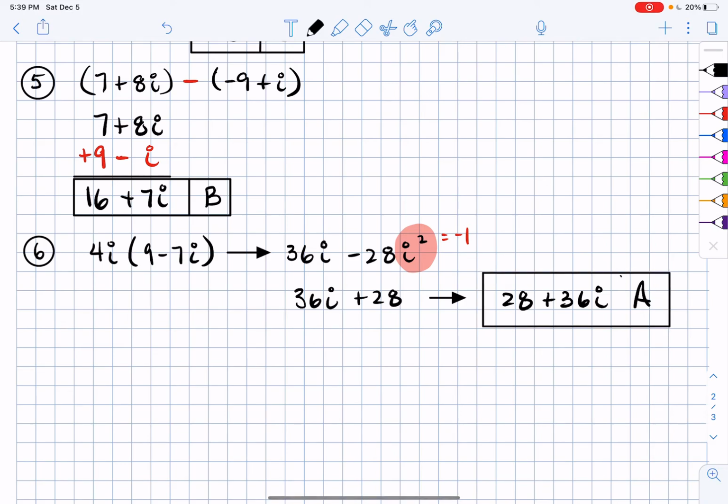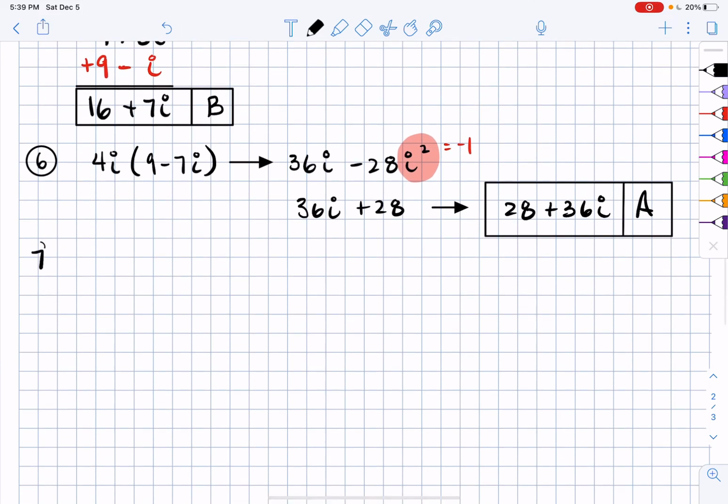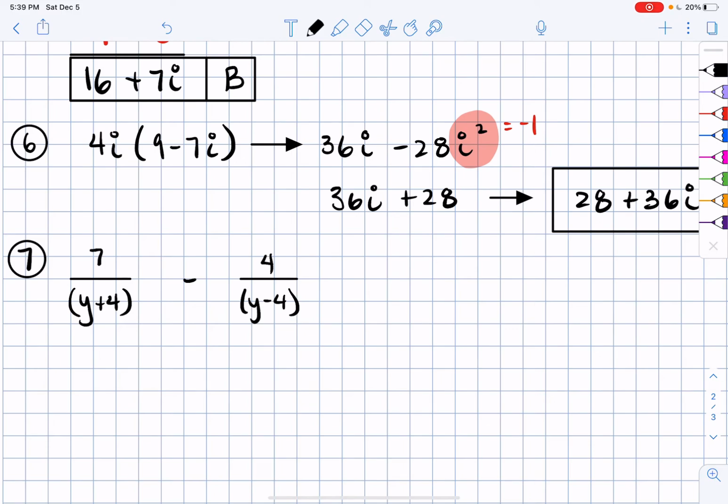There we go. All right, number 7. Number 7 has 7 over y plus 4 minus 4 over y minus 4 is equal to 10 over y squared minus 16.